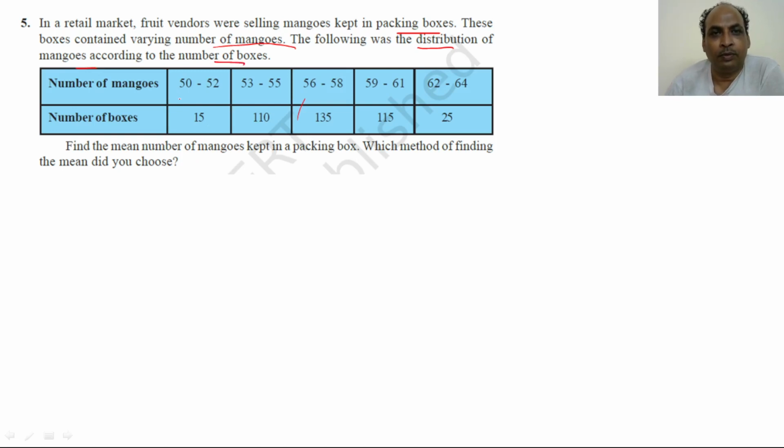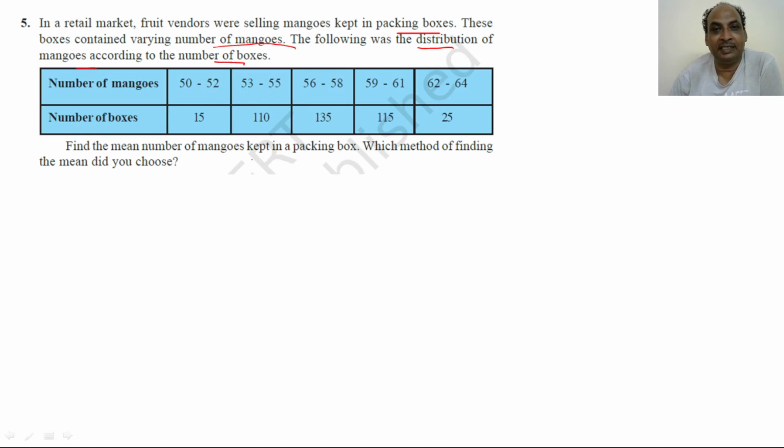The classes are given as 50 to 52, 53 to 55, but you see that the upper class limit of the previous class interval and the lower class limit of the succeeding class interval are not the same.